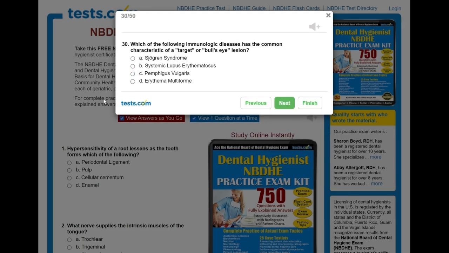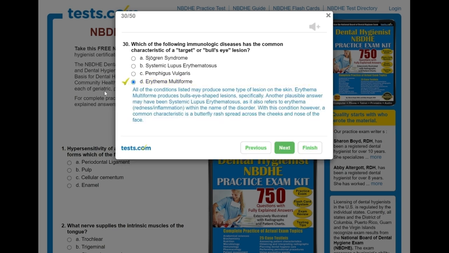Question 30. Which of the following immunologic diseases has the common characteristic of a target or bullseye lesion? A. Sjogren's syndrome. B. Systemic lupus erythematosus. C. Pemphigus vulgaris. D. Erythema multiforme. D. Erythema multiforme.